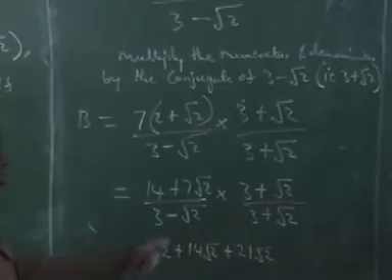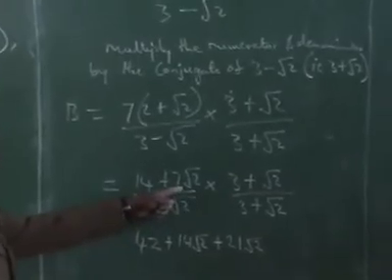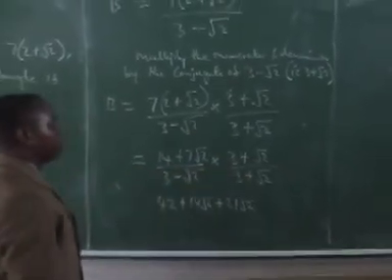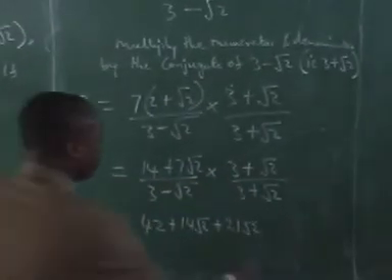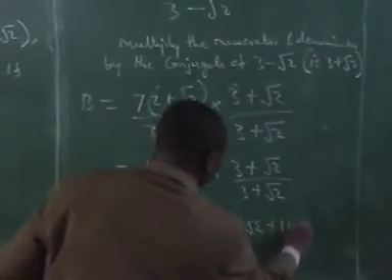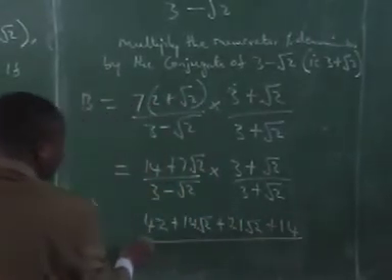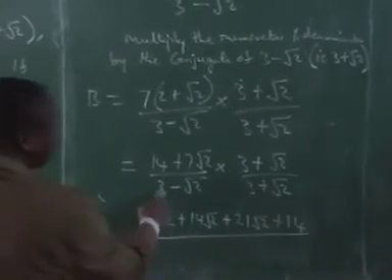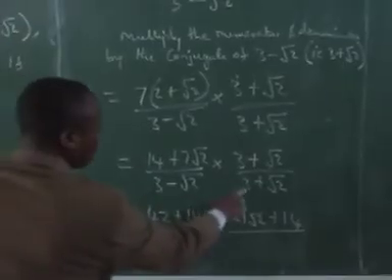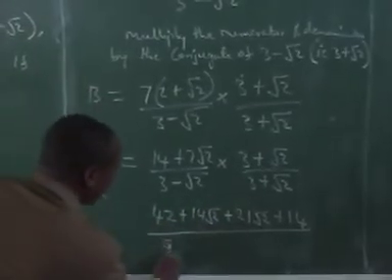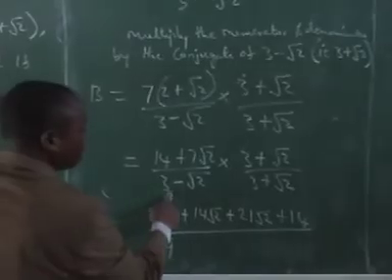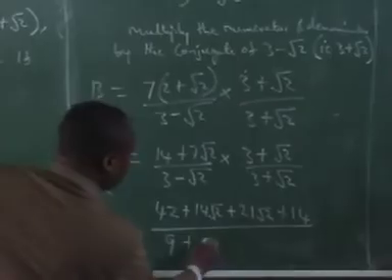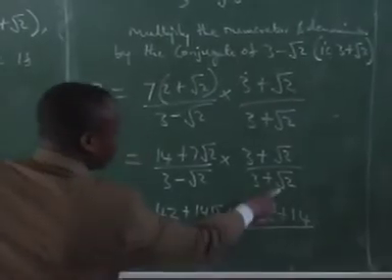And 7 root 2 times root 2 will give us 7 times 2, that is plus 14. All over, we use 3 times 3, which will give us 9. 3 times root 2 we get plus 3 root 2.